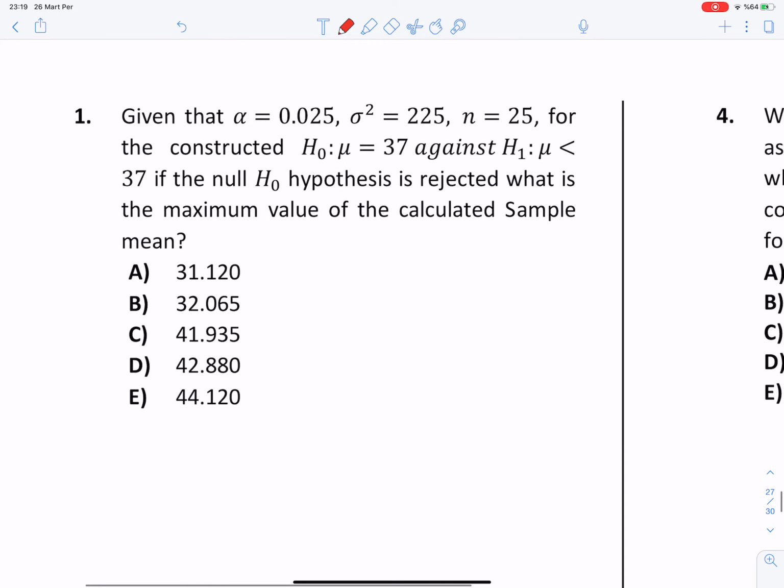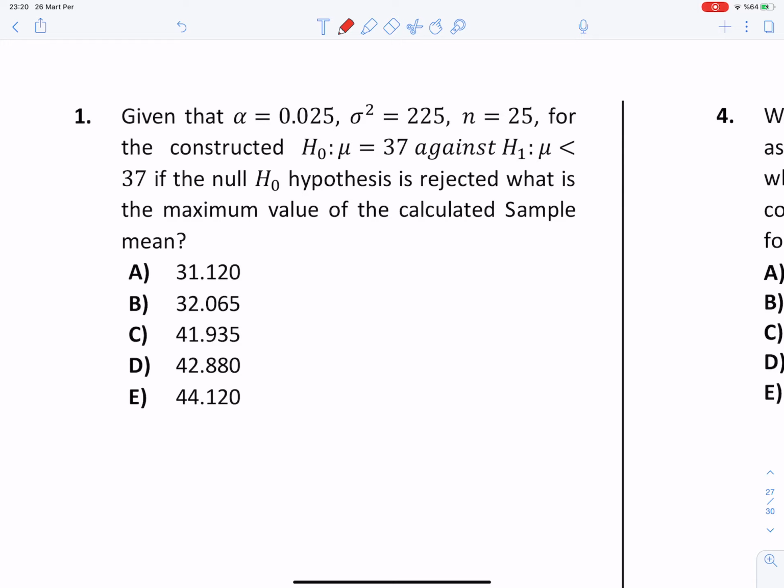Given that the alpha significance level is 0.025, the population variance is 225, and the sample size is 25, for the constructed hypothesis, the null hypothesis mu equals 37 against the alternative mu less than 37, if the null hypothesis is rejected, what is the maximum value of the calculated sample mean?